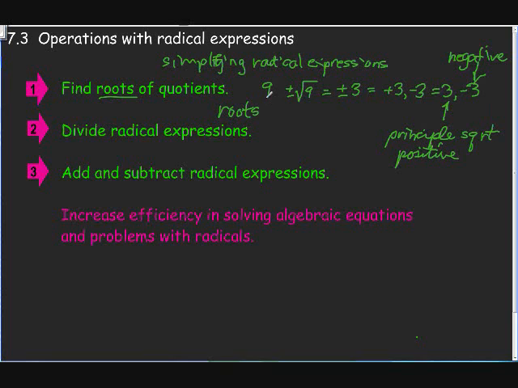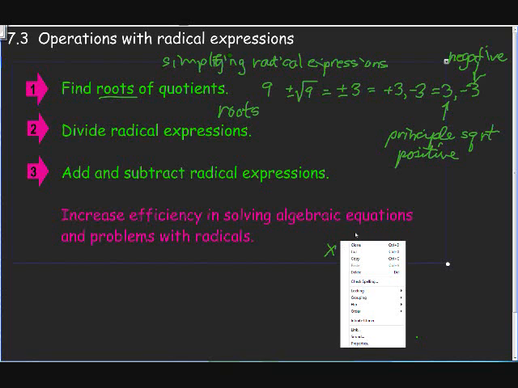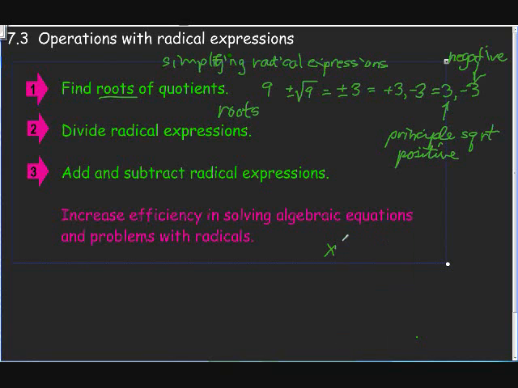So this was easy enough, finding the square roots of 9. We know we've got the principal or positive and the negative. Suppose I was dealing with an unknown such as x, x squared. I'm asked to find the roots of x squared.